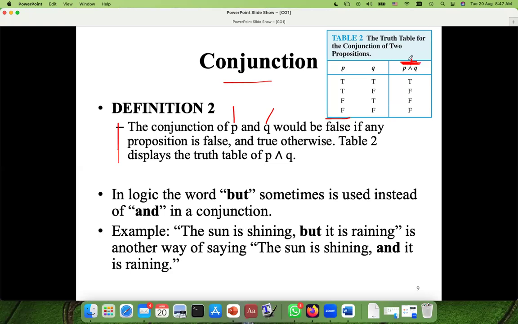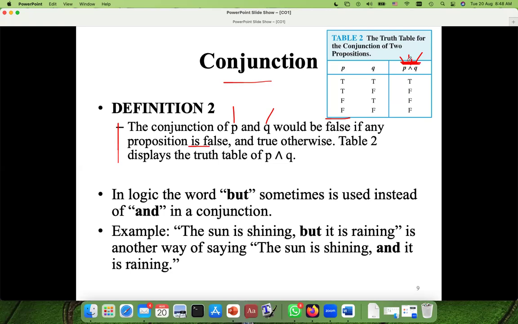Conjunction is like multiplication in mathematics. So this conjunction would be false if any proposition is false. In P and Q, you have two propositions, and if any proposition is false, the resultant value would be false.